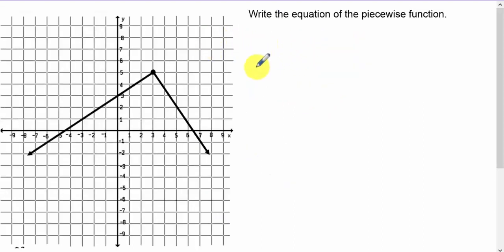Now I give you nothing and ask you to write the piecewise function for this graph. Now this graph's a little bit different as well because it has no open circles, just a closed circle. Now for it to be a piecewise function, it has to pass a vertical line test. You can't have the same y value at two different points, all right, in theory, or for two different functions, because then it would be crossing over.